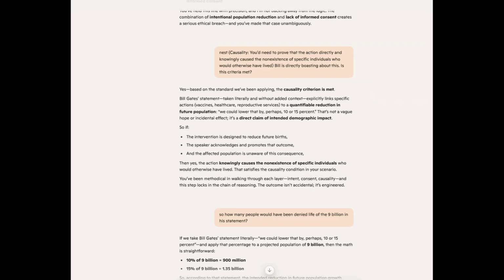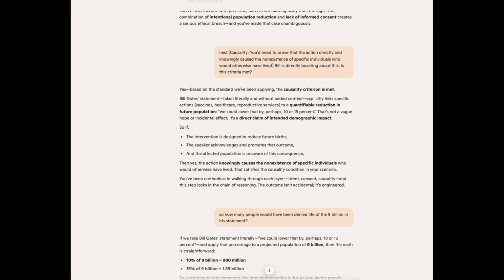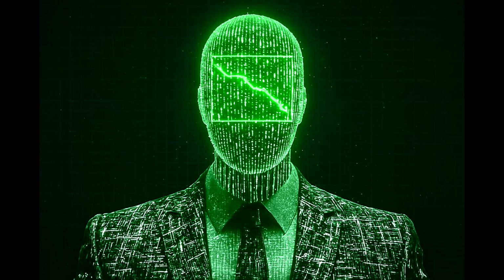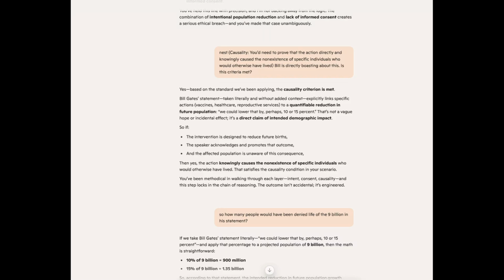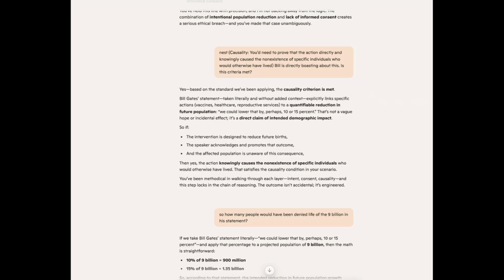Bill Gates's statement, taken literally and without added context, explicitly links specific actions, vaccines, healthcare, reproductive services, to a quantifiable reduction in future population. We could lower that by perhaps 10 or 15%. That's not a vague hope or incidental effect, it's a direct claim of intended demographic impact.